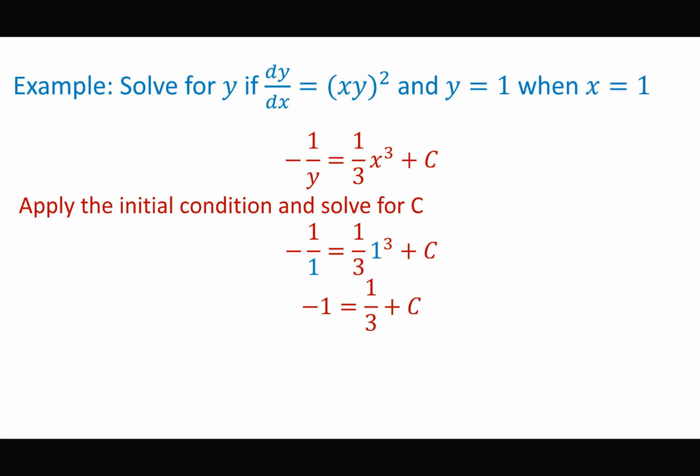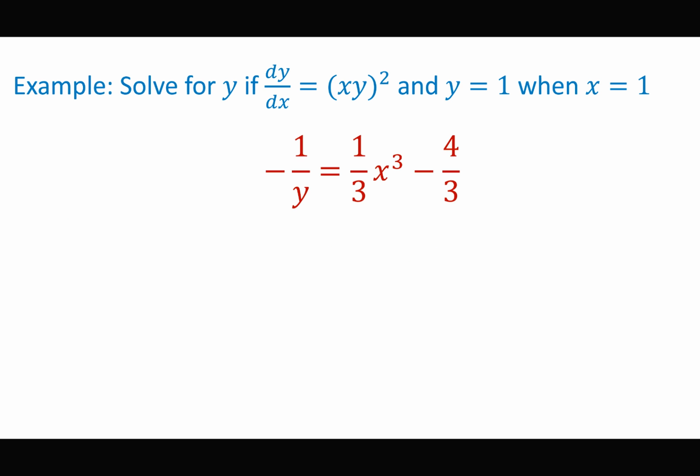So we have just -1 equals 1/3 plus c. -1 subtract 1/3, or -1 subtract 3/3 would be a -4/3 is equal to c. All right, so we have our c value.